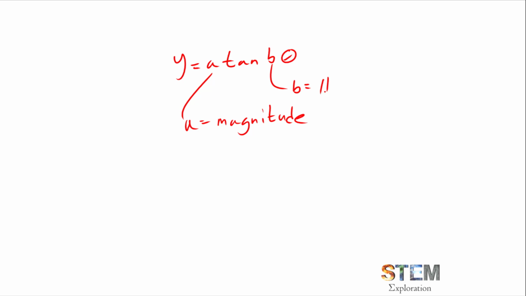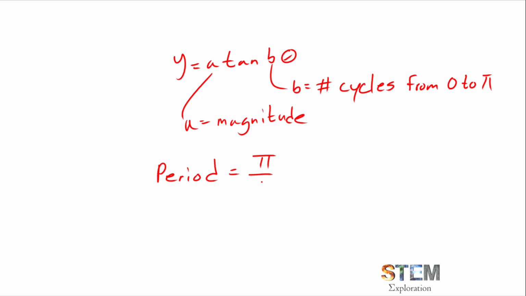B is equal to the number of cycles from 0 to pi. And if you want to know the period of a tangent function, just know that instead of being 2 pi over b, it's just pi over b.